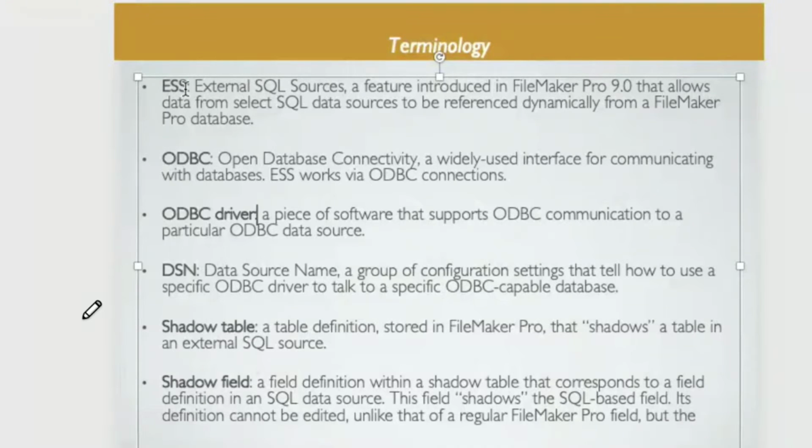So it should be used as a data source, not necessarily as a replacement tool for all of your FileMaker tables, because of a speed issue. We'll get into that more, but just know these are not the same thing, ESS and ODBC.